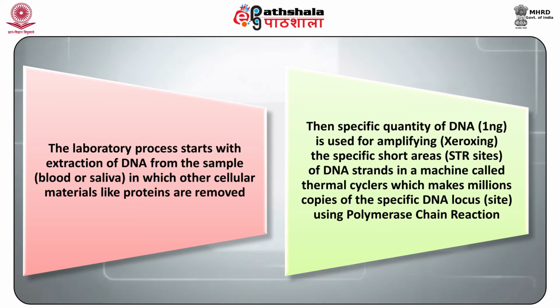Then a specific quantity of DNA, usually 1 nanogram, is used for amplifying or xeroxing the specific short areas called STR sites of the DNA strand in a machine called a thermal cycler, which makes millions of copies of the specific DNA locus or site using polymerase chain reaction.